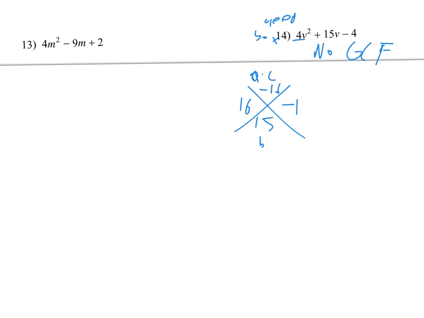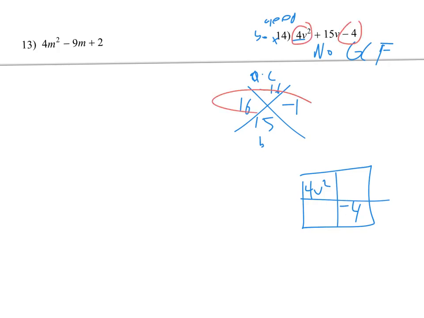Okay, so then if you're going to be using the box, you're going to put 4v squared here and negative 4 there. That comes from here and here. And then these other two are going to go in the other two boxes, but you got to attach the variable to them. Okay, and then we'll do GCFs going this way would be 4v.